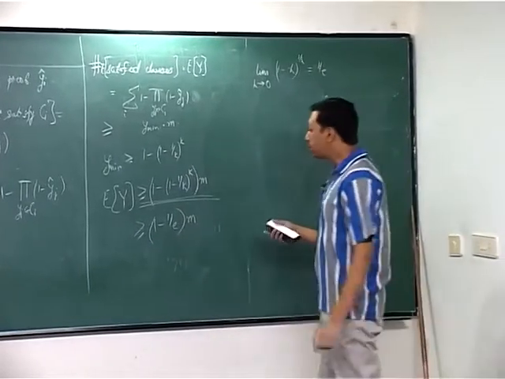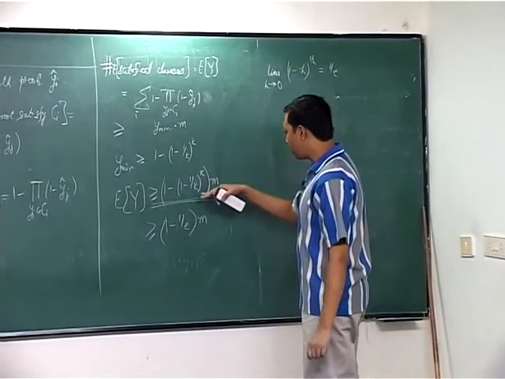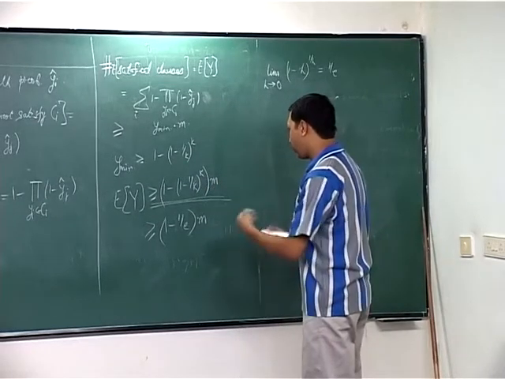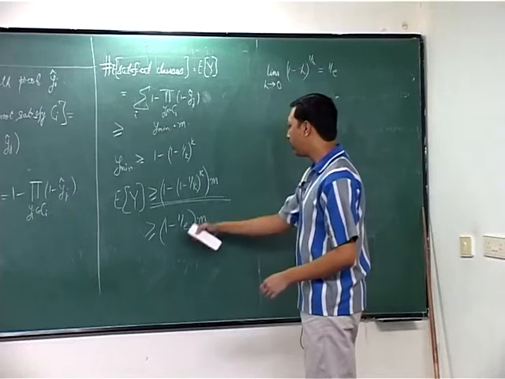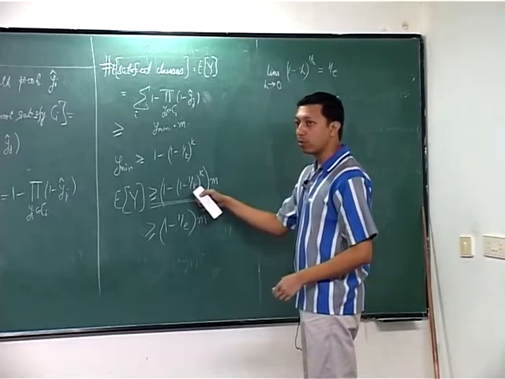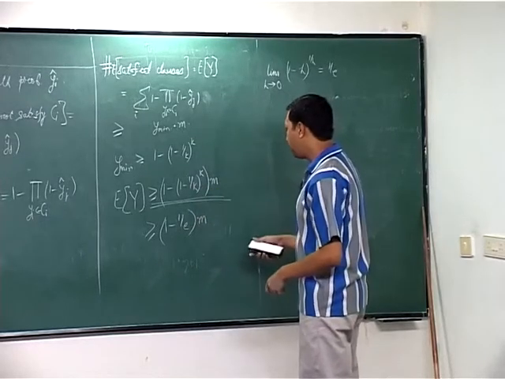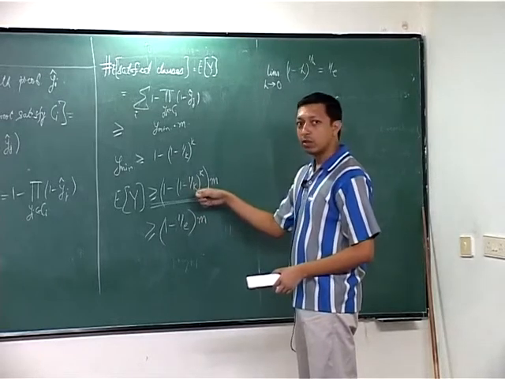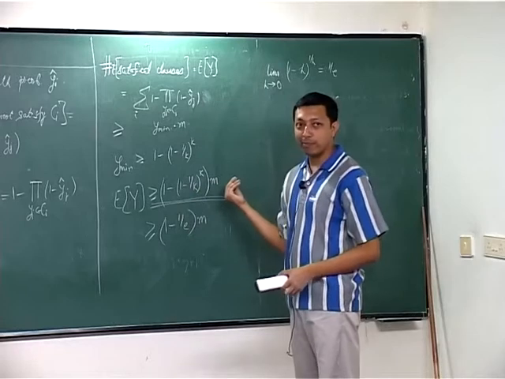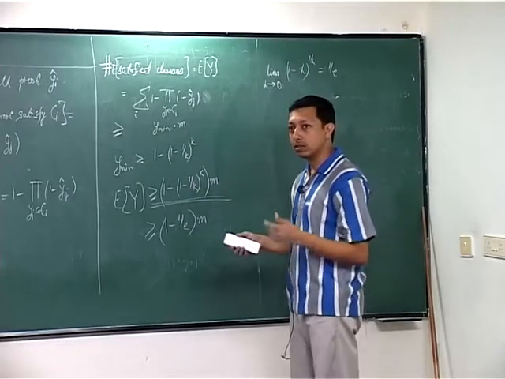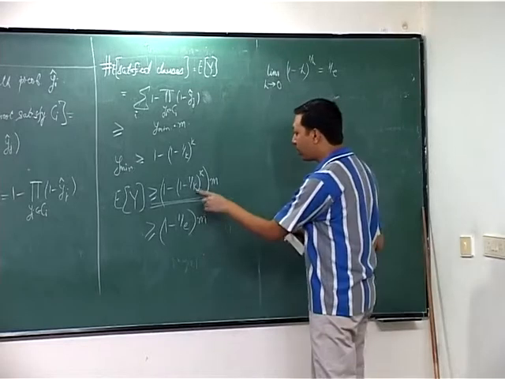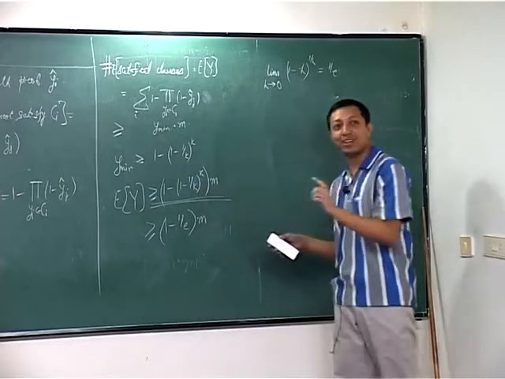Right, and this will be much better than this for small values. Okay, let's say you take k to be 1, you get m, right. You see how this goes. If you take k to be 1 here, you will get m.